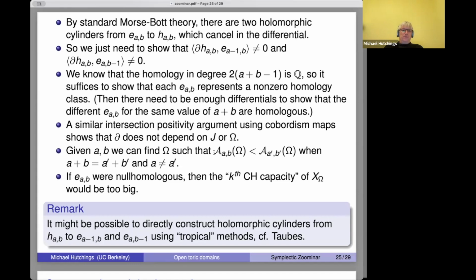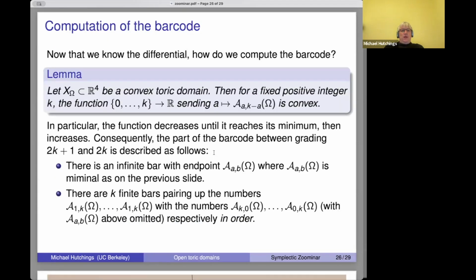Okay, so if you believe that, then now we can compute the barcode. So in general, this is a non-trivial algebraic calculation. If you know the chain complex, and well, I guess I should recall what the barcode means.